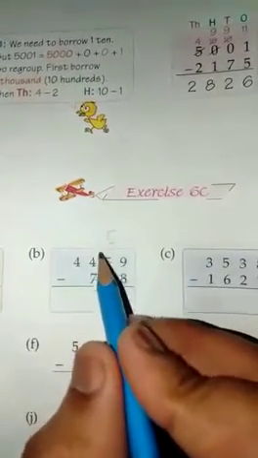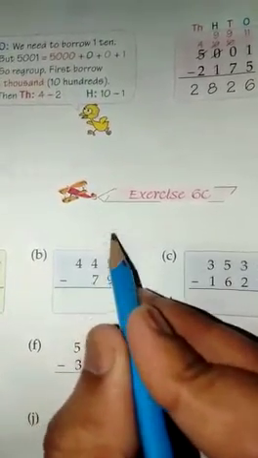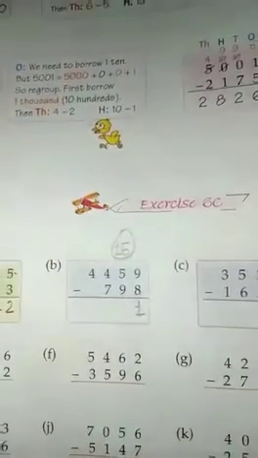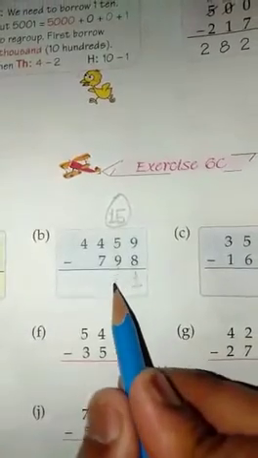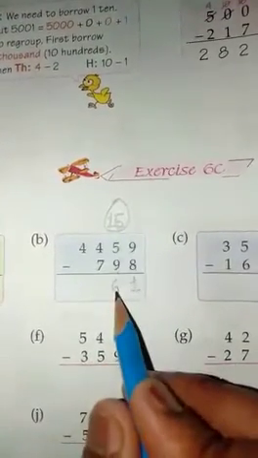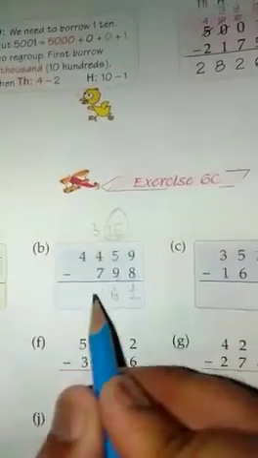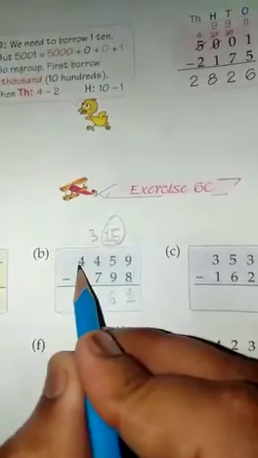So it is 15. 15 minus 9 is equal to 6. So we will write here 6 in tens place. So it will be 3. 3 minus 7. So 3 is the smallest number. Now we will take borrow from thousands place.